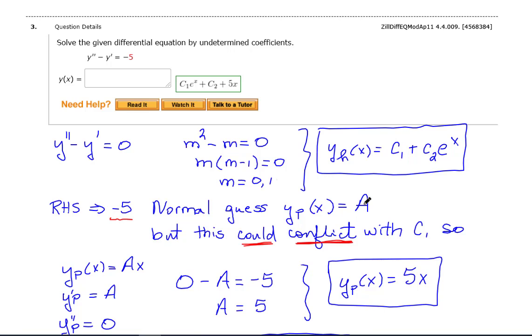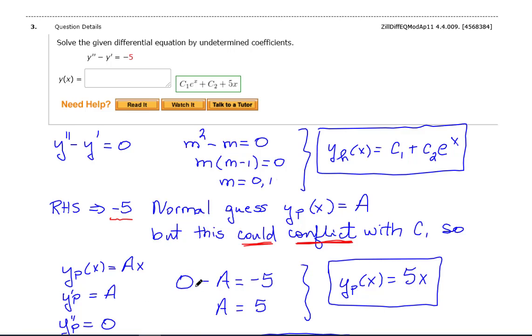But if I did this, this could conflict with that constant in the homogeneous solution. Remember, we want them to be linearly independent. So the way to patch this up when this presents a conflict is to start multiplying by powers of x. So my normal guess is a, so I'm guessing ax. First derivative is a, second derivative is 0.